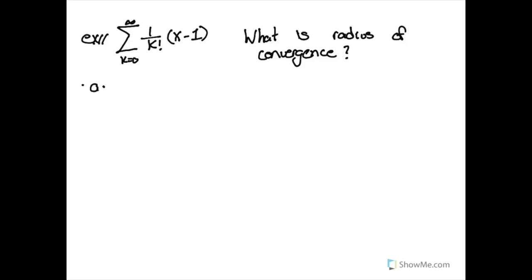Again, it converges at its center, so it converges at x equals 1. Just a reminder that the center is x naught in x minus x naught, so in this case, x naught is equal to 1.